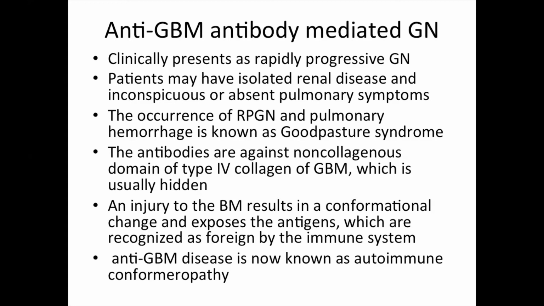The immune system is not used to seeing them, and suddenly seeing them, it will think of them as foreign. So we will have formation of antibodies and antigen-antibody complexes, and it will attack it. From this we get basically an autoimmune reaction against the glomerular basement membrane.